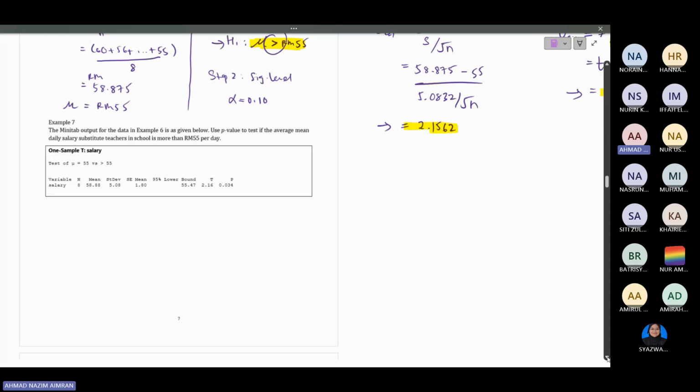But you may get a different answer from the previous example, because this time the significance level is 5%, not 10%. If you want to check if your answer is correct, you can show me your work in our next class.